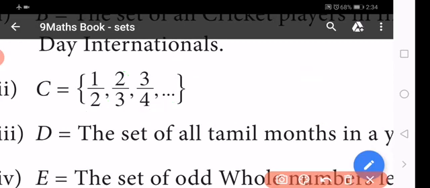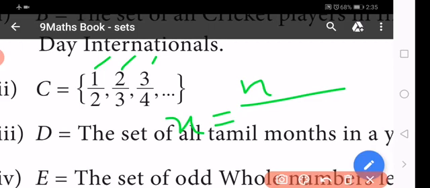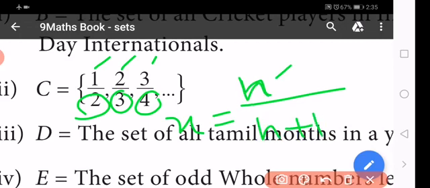Now we find what is the rule. So first, for all x such that x is equal to, we say all numbers as n. So the formula x equals, we take all the numbers as n. Here the numerator starts with 1, 2, 3. So the numerator is n, divided by the denominator, which is adding 1 to the numerator. So we take the numerator as n. Then what is the denominator? That is n plus 1.